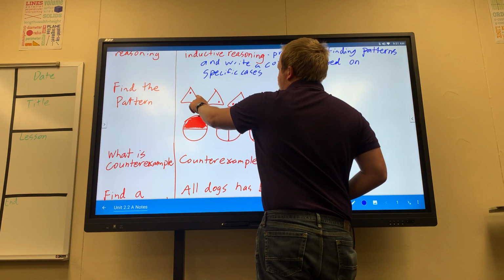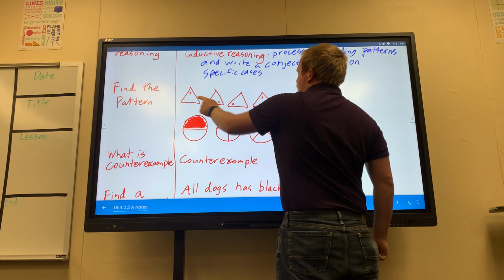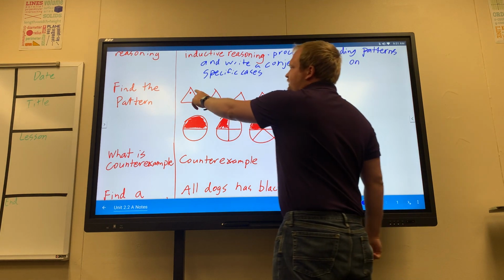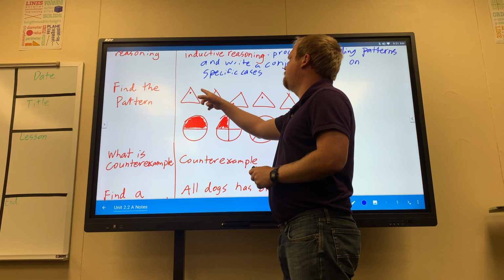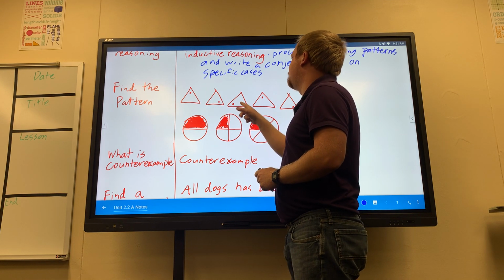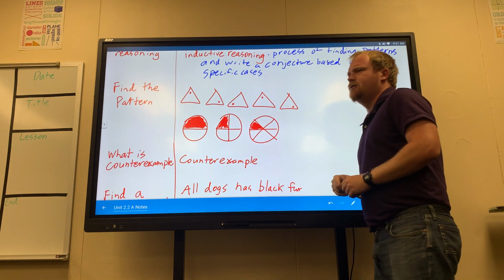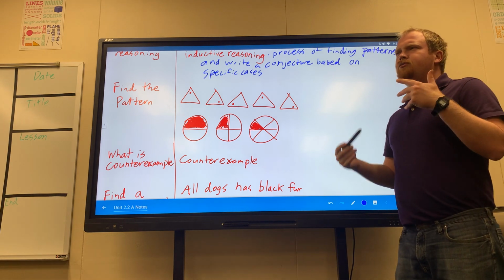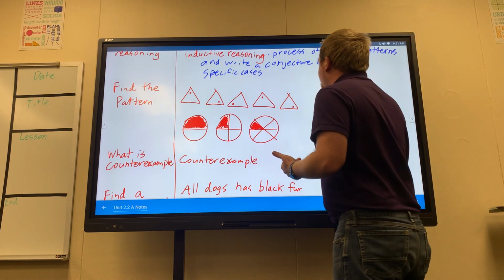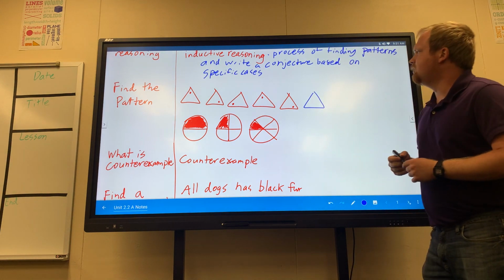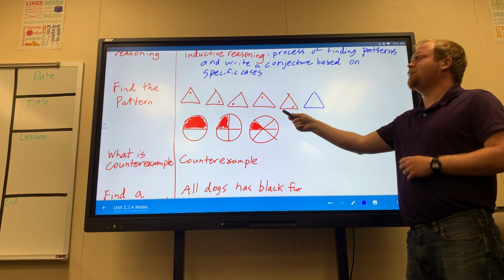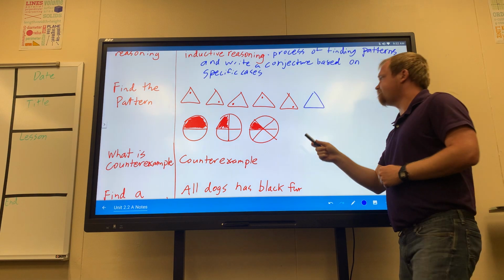If you notice this first pattern right here, I have a bunch of triangles, but I have a dot in a different direction. I have a dot in the top, bottom right, bottom left, top, bottom right. Noticing the pattern, I know it's going to be a triangle, but the dot seems to be going clockwise.